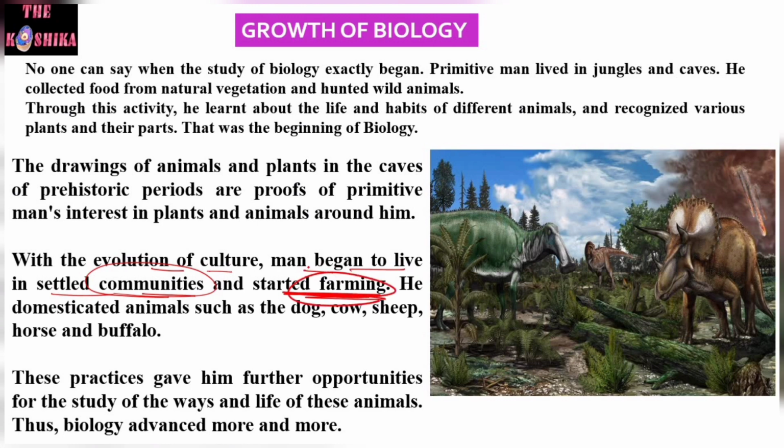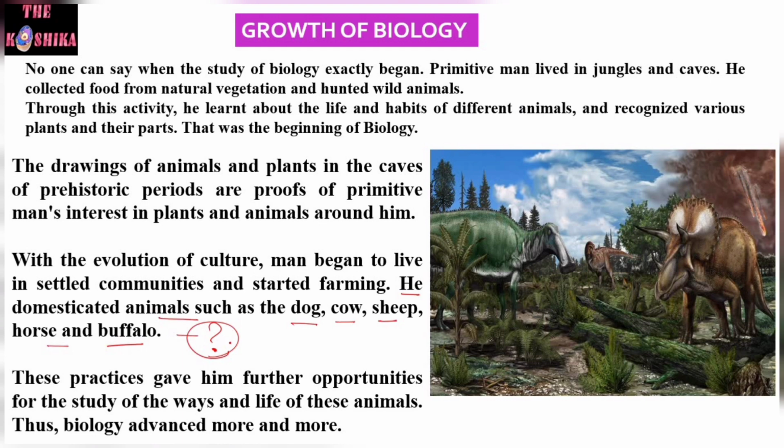Before farming, what did they eat? Either they ate fruit or they ate flesh by hunting other animals. So humans domesticated animals such as dog, cow, sheep, horse, buffalo. And you may have a question: sir, how do you know this?